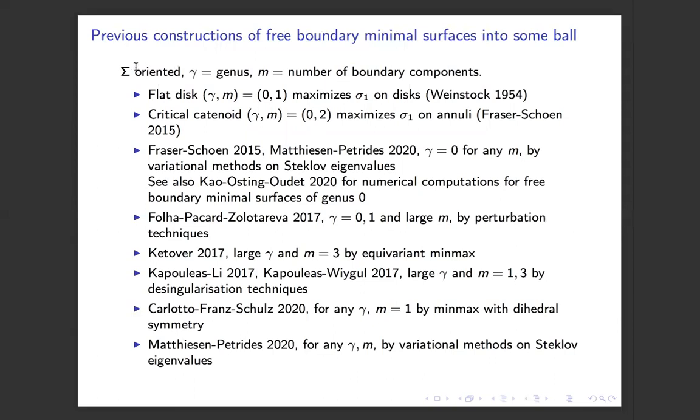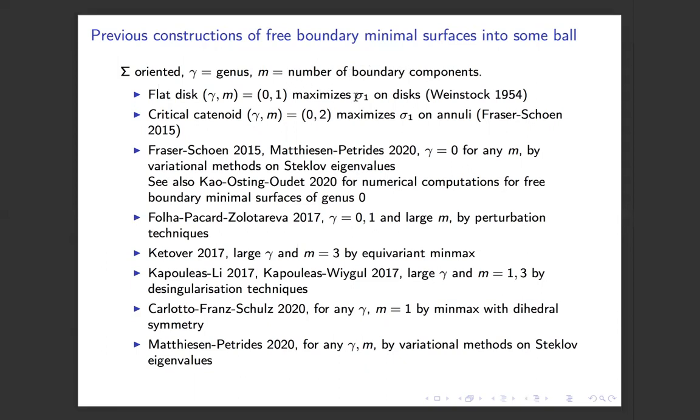So if we start with an oriented surface, because it is simpler to explain this, surfaces of genus gamma with M boundary components. I give you all the results I know about this problem.